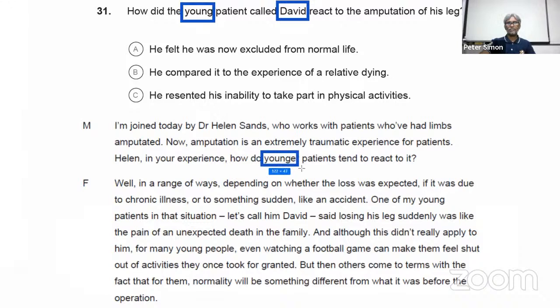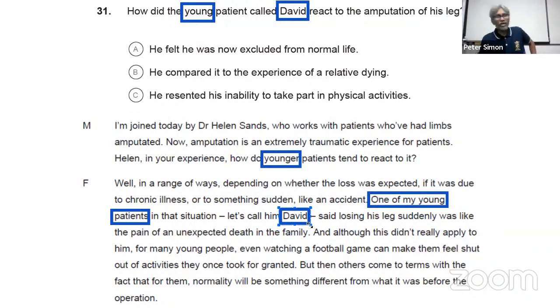Then he gave one of my young patients. Let's call him David. That means he is not David. His name is something else, but let us call him David. It's a pseudonym. Pseudonym means false name, because they do not want to reveal the patient's identity.